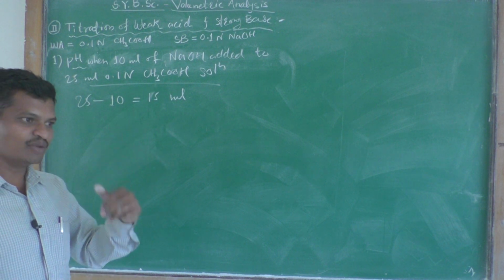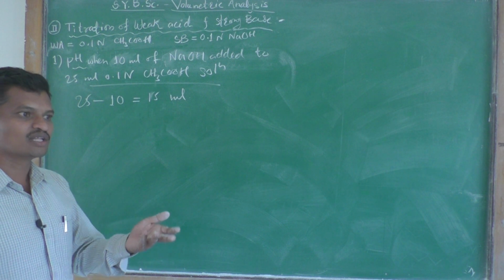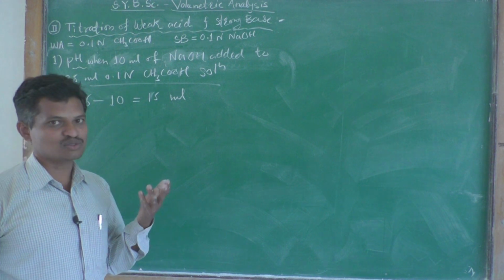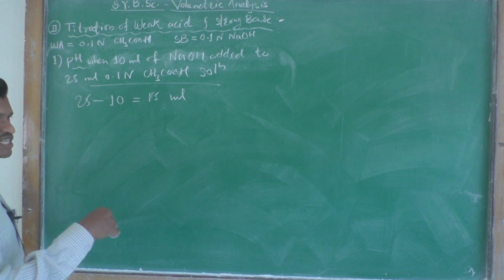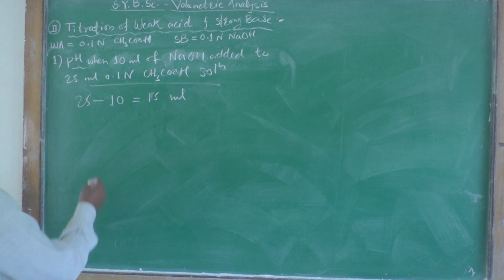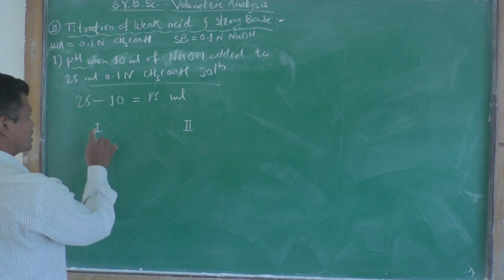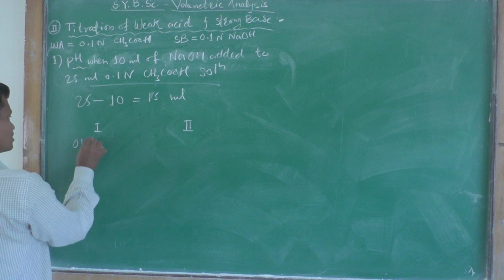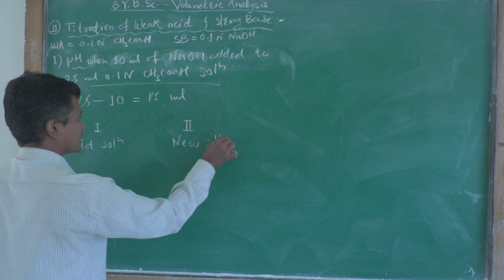Now when we are adding NaOH, the volume of the solution is increasing, and as the volume is increasing, the concentration of that acetic acid is also changing. So the new concentration of acetic acid in the conical flask can be calculated by using the formula N1V1 is equal to N2V2. For simplification, this is the old solution first, this is the new solution second.